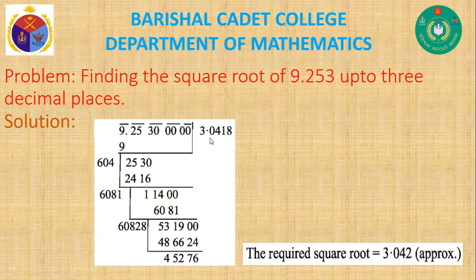Now our task is to find a number so that after putting that number here, we will get a number which is less than 25.